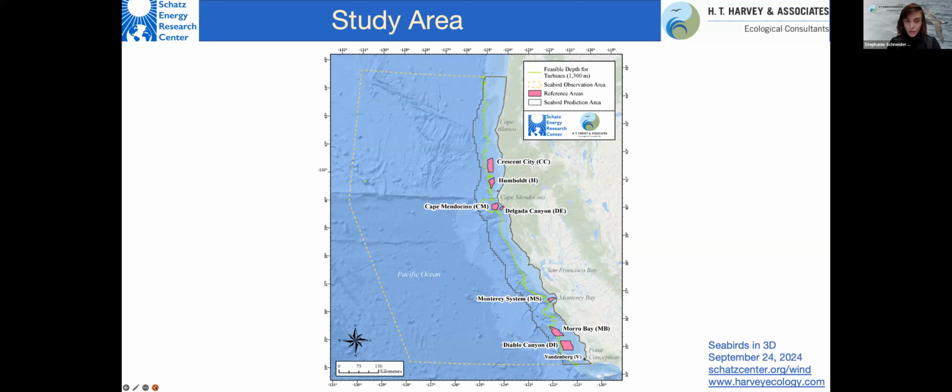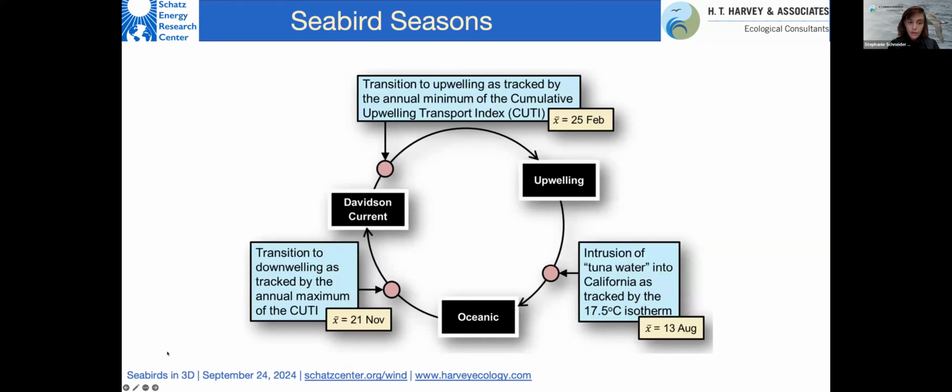That green line represents the water depth beyond which water is too deep to support current floating offshore wind technology. So our predictions are centered in this core area off of California, and in the California Current system. This can be applied to other regions of the California Current system. So anyway, this is our study area. Next slide. And just as we experience winter, spring, summer, and fall, seabirds off California go through 3 distinct oceanographic seasons.